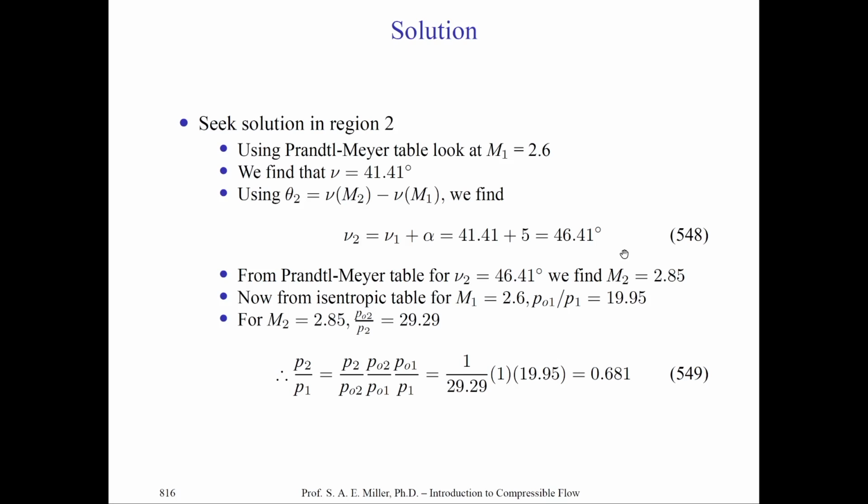Rearranging as P2 over PO2 times PO2 over PO1 times PO1 over P1 will go as 1 over 29.29, which we found here, times 1, because PO2 and PO1 are equal, times 19.95, which we found at Mach 2.6. Doing the mathematics, you'll find that we get a ratio P2 over P1 of 0.681. Okay, so we have found the pressure ratio on the top side of the vehicle.